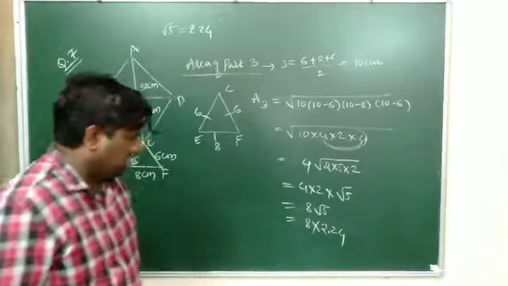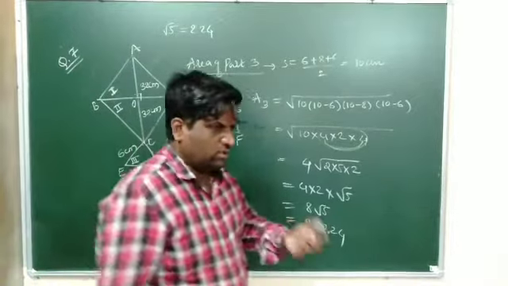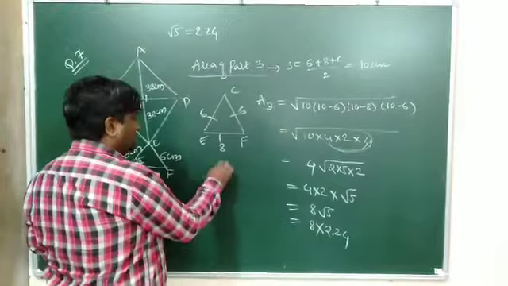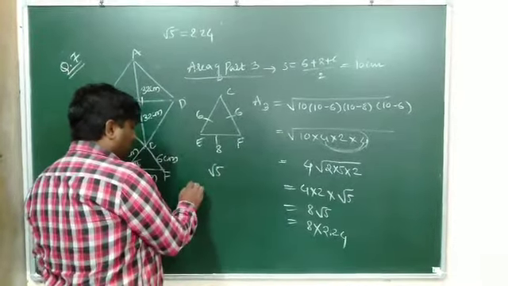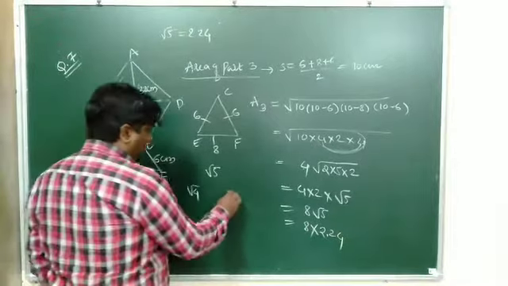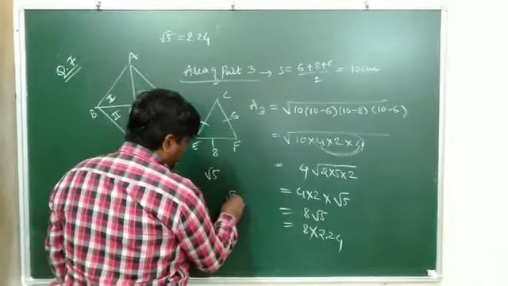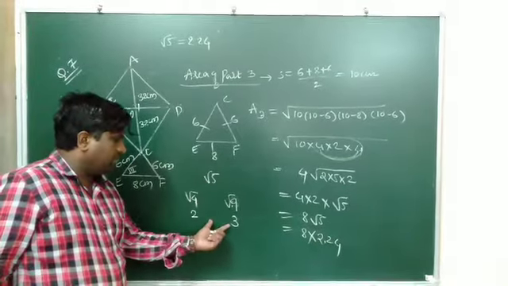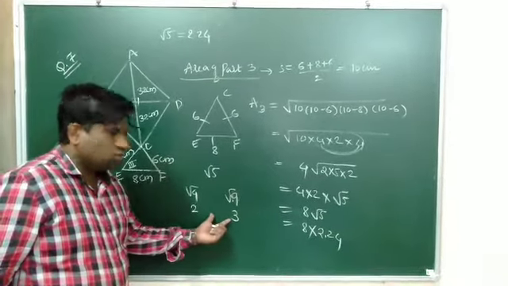The value of root 5 is 2.24. Sometimes they will not provide you the value of the square root. So how to find out root 5? The perfect square root is 4, and after that 9, so 2, 3. The value of root 5 must lie between 2 and 3.